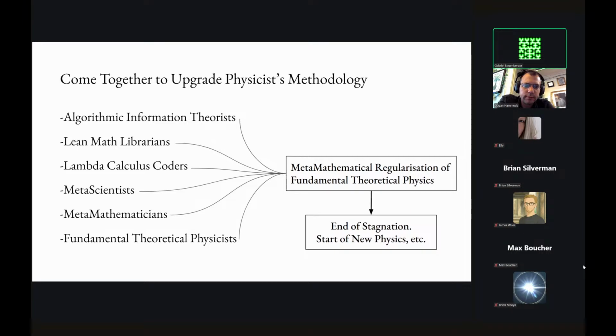And then by doing that, you could actually end the stagnation of theoretical fundamental physics, or at least, to put in a little bit more nuance here, if you believed that the probability of succeeding is non-negligible, then maybe now you should think that the probability of succeeding is at least plausible with the new methodology.